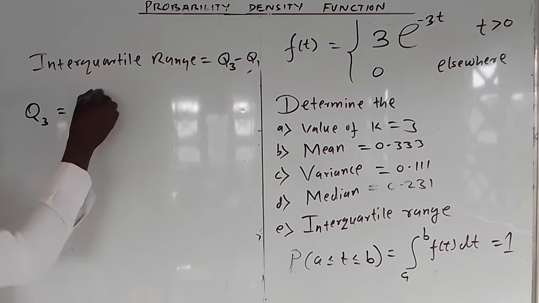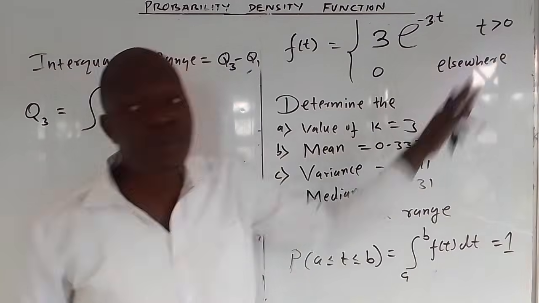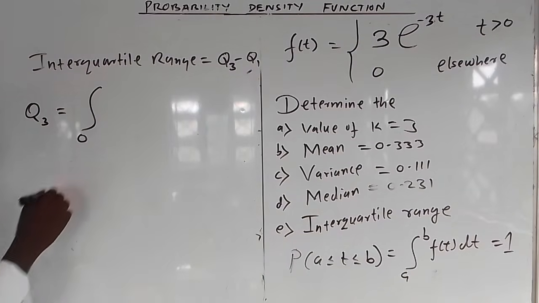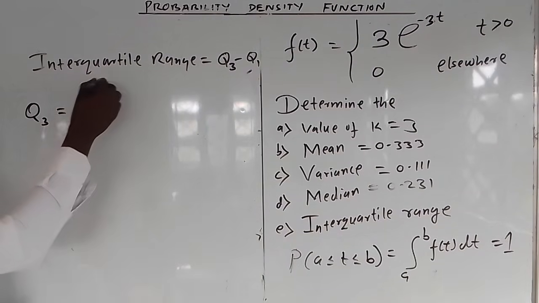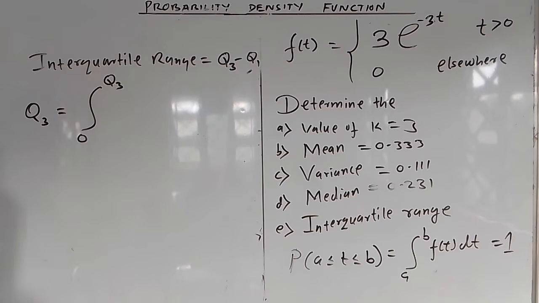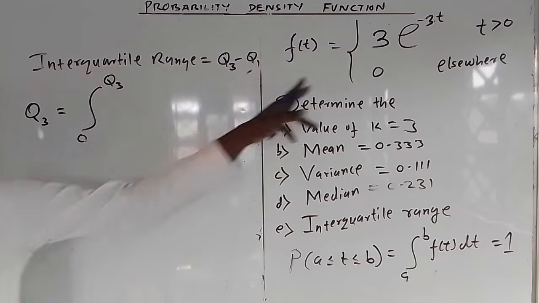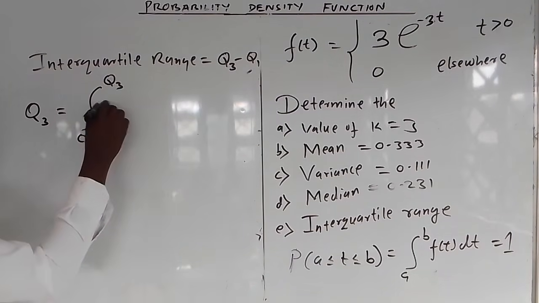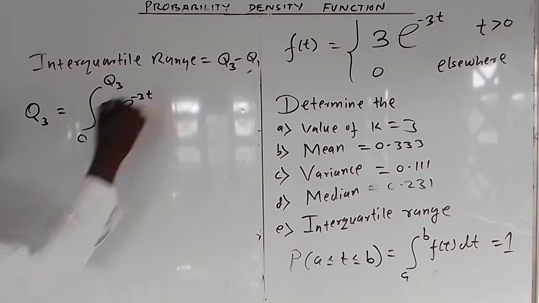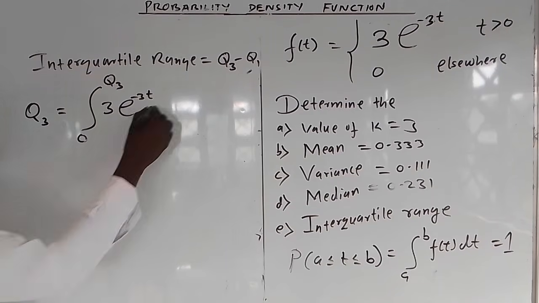So the upper quartile we are integrating, we are starting from 0 to upper quartile, just the way we started from 0 to median, isn't it? So we are starting from 0 to upper quartile of f of t. And what is f of t? 3 exponential negative 3t dt.